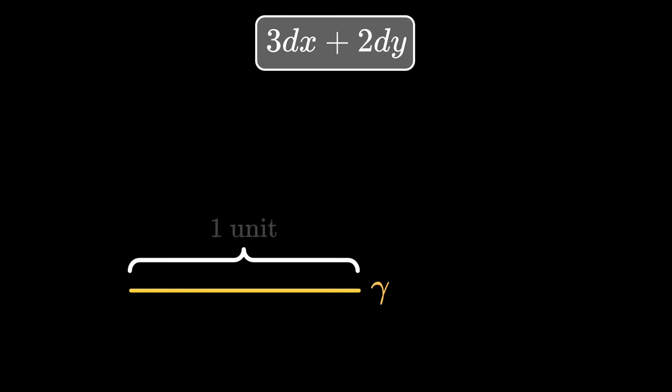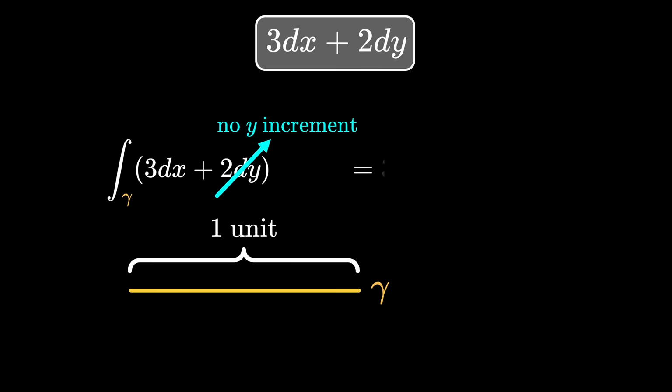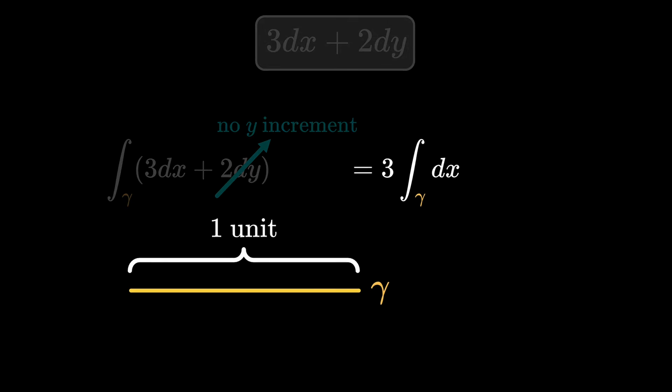If this segment is 1 unit long, and we integrate 3dx plus 2dy along it, then since this segment doesn't have any y increments, we are left with the dx bit, which is 3 times the horizontal span. In this case, with unit length, this is 3, so we expect this segment to cross 3 dots.